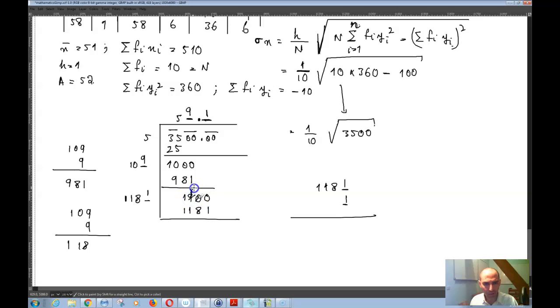And then another 2 zeros you can add here as well. 1181 plus 1 is 1182.